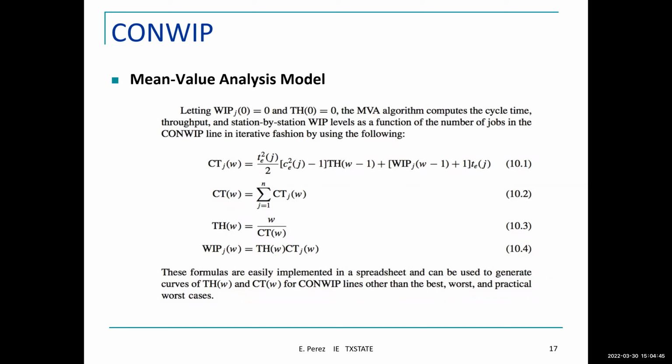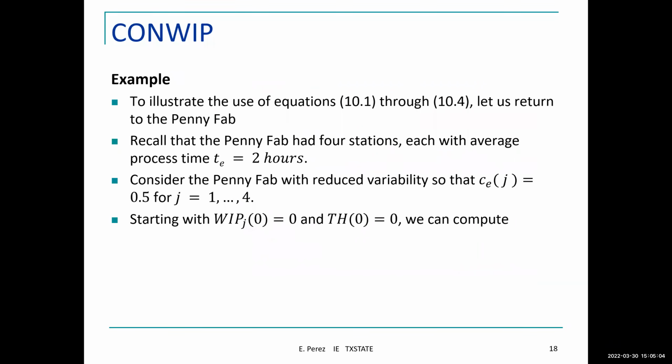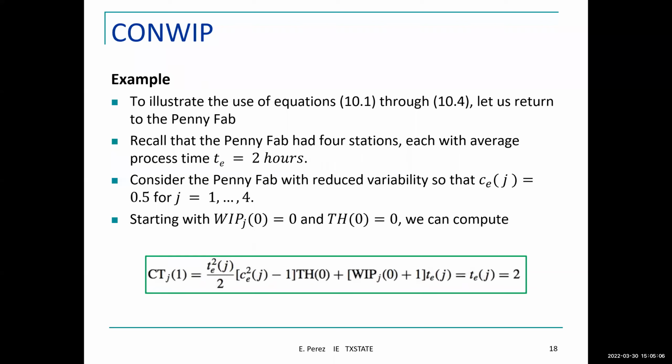So throughput at W minus 1 is throughput at 1 minus 1, which is 0. But we know that we are going to assume that at 0, this value is equal to 0. So we can find the value for CTJ1, and that's going to be equal to 2 after substituting these numbers.